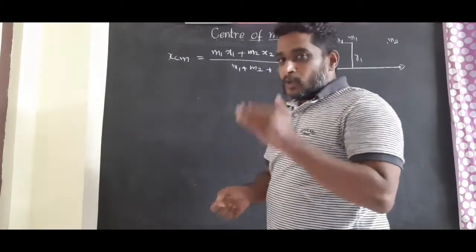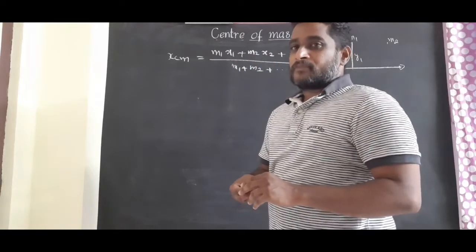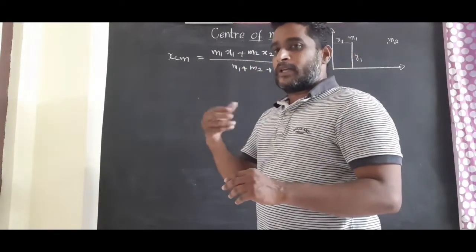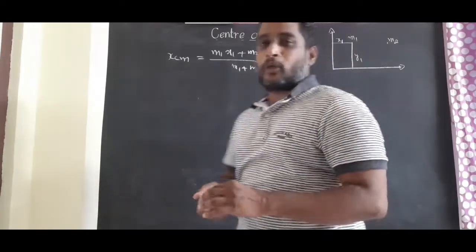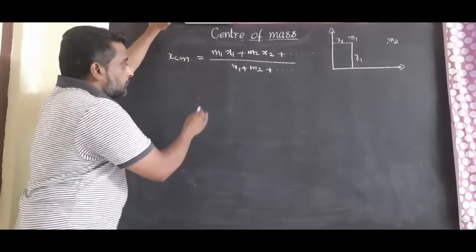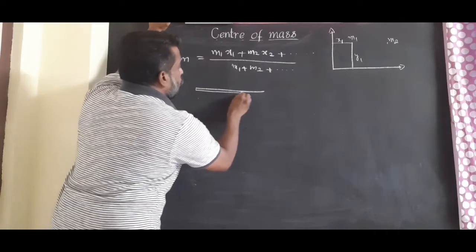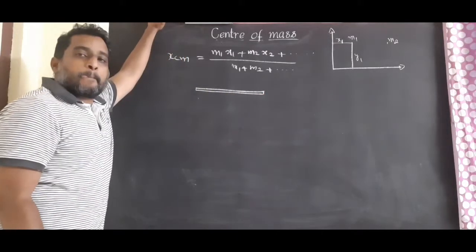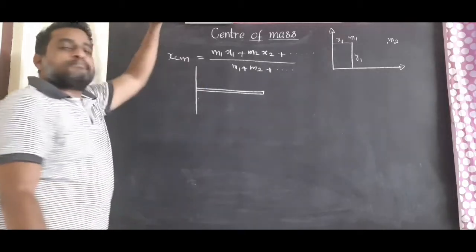Okay, now come to the case of continuous mass distributed body. So in case of continuous mass distributed body, which equation will come into play? That part we will see. Take an example like this. Suppose it is an example of a thin rod. This is y-axis.